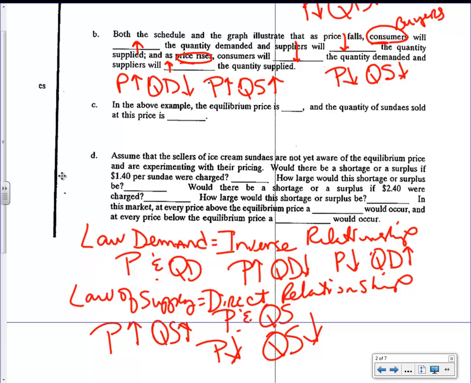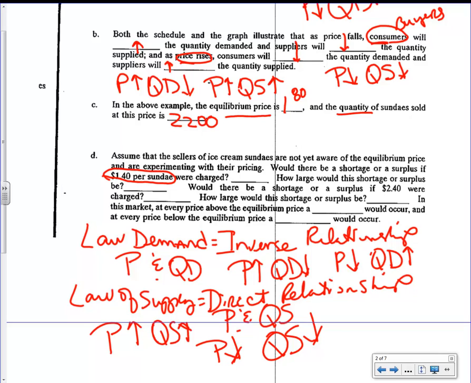Now, in our above example, we said we have $1.80 as our equilibrium price, and the equilibrium quantity at 2,200 Sundays. We can see that back on the previous graph. Now let's look at what happens if we're charging $1.40 per Sunday.